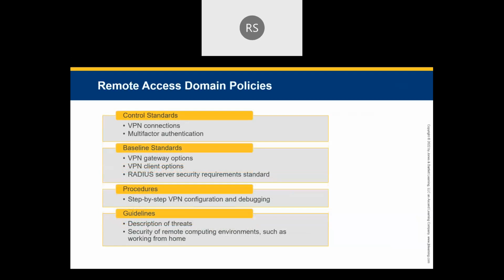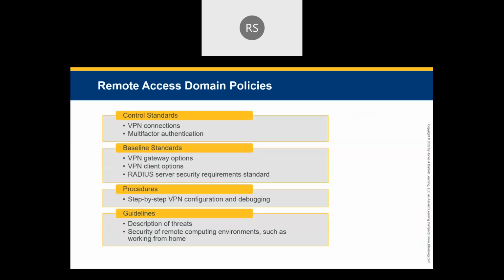So, control standards in the remote access domain focus on areas such as VPNs, virtual private networks, and multi-factor authentication. The VPN connections enable secure communication between remote devices and an organization's network infrastructure, while multi-factor authentication adds an additional layer of security by requiring multiple factors such as your passwords, security tokens, or biometrics for user authentication.